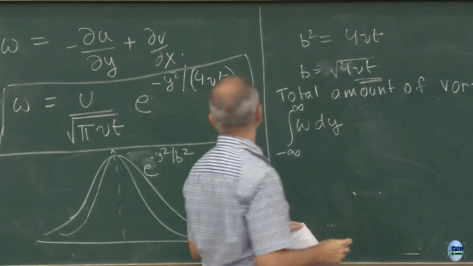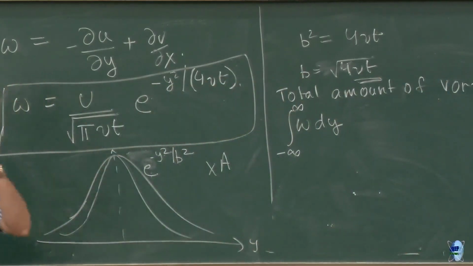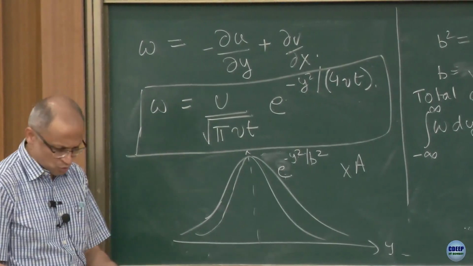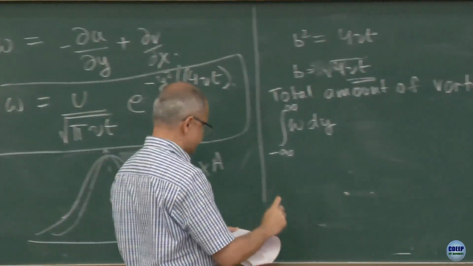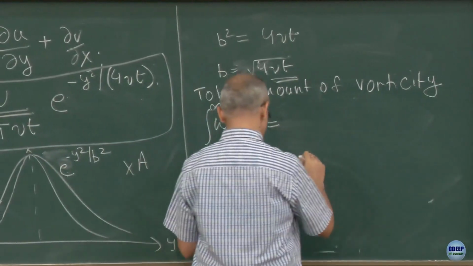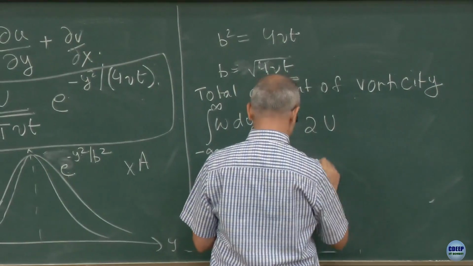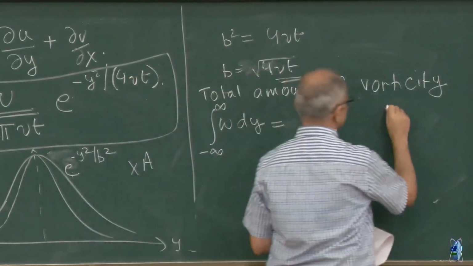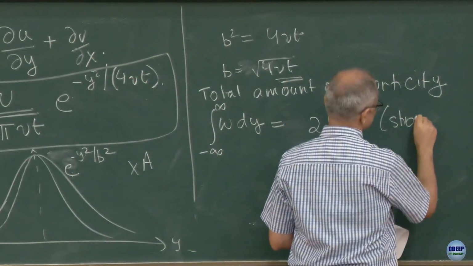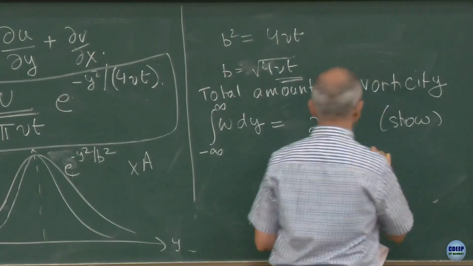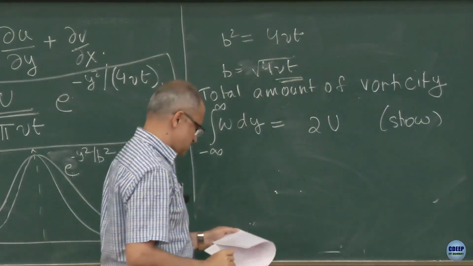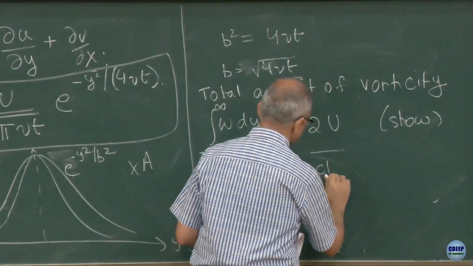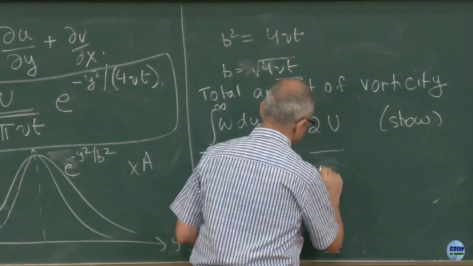So we can leave out a few of these things for yourself. Maybe it's a good idea for you to go back and redo these things. You should be able to show that this becomes equal to 2u, which is constant, independent of time. So this is a small exercise: show that this is what you would get.